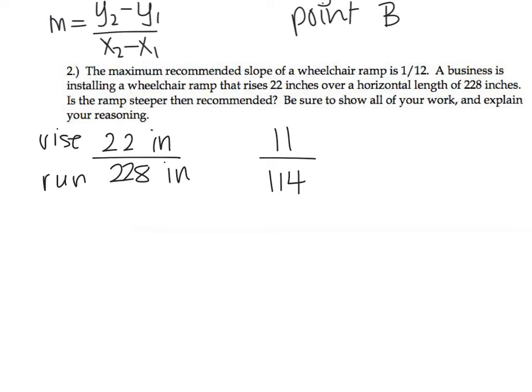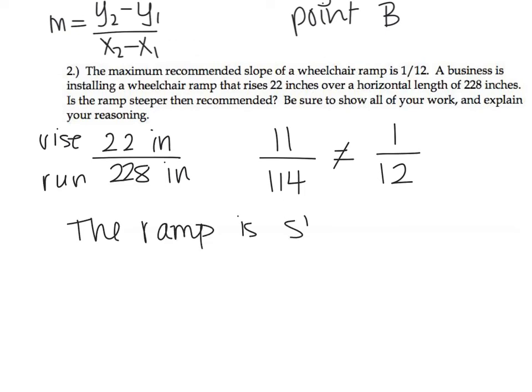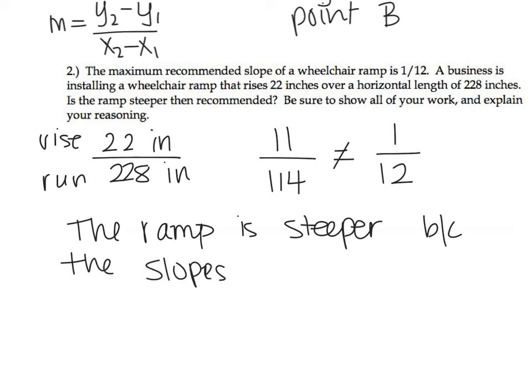We actually get 10.36 repeating, pretty much, which means it's not 12, which means 11 over 114 is as simplified as this fraction gets, and it's not equal to our slope of 1/12, which means the ramp is steeper because the slopes are different.